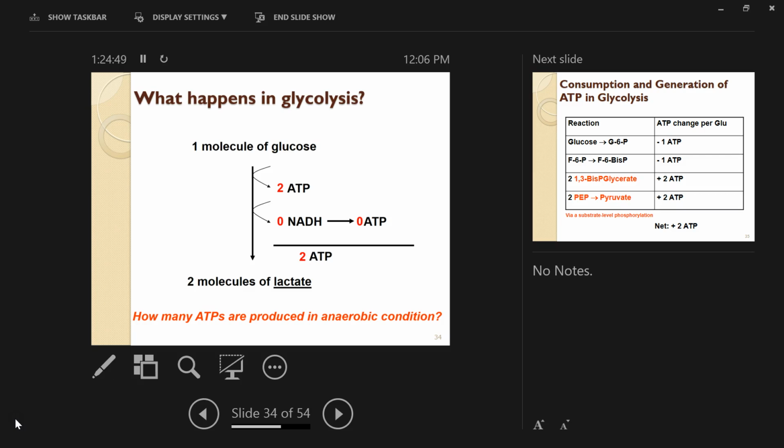Okay. So I'm not asking you guys to calculate the numbers of ATPs. I just try to help you understand the metabolic pathway in different cells, depending on the conditions, and also involving different organelles like the mitochondria, and ATP production also occurs in the mitochondria.